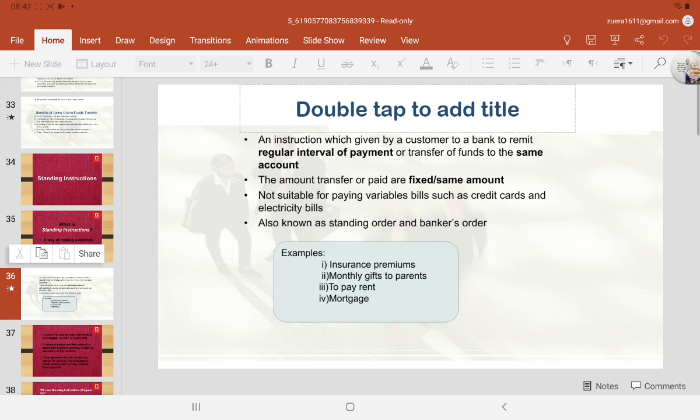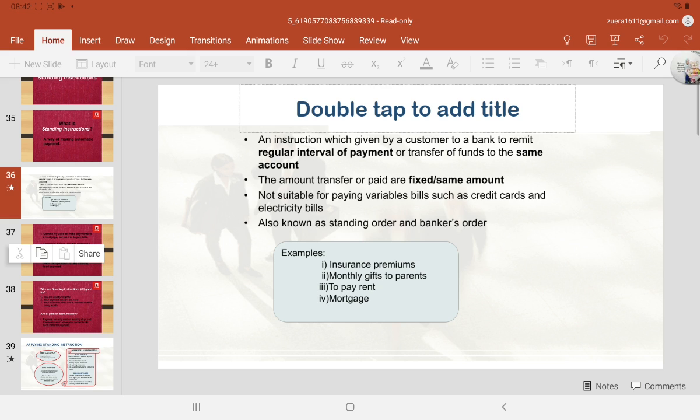If you want to make a rental payment, that is also a fixed, same amount, so you can use this standing instruction. Or if you want to make a payment for a mortgage loan, housing loan or vehicle loan, you can also use this standing instruction to pay the fixed amount of money to the bank's account. So this is the standing instruction.